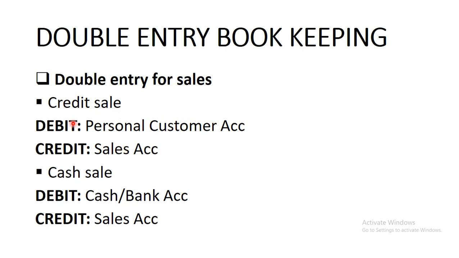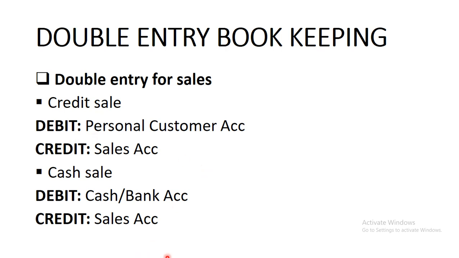This is specifically for a credit sale, because when you make a credit sale, the individual you sold to hasn't yet given you the money. So you need to take stock of that particular person. When they pay you, you cancel out the debt that they owe you. So the double entry for sales is, one, you need to credit the sales account, then two, you need to debit the personal customer account.